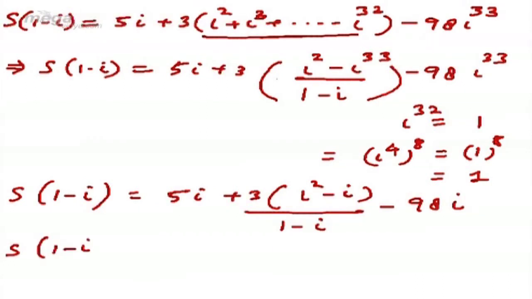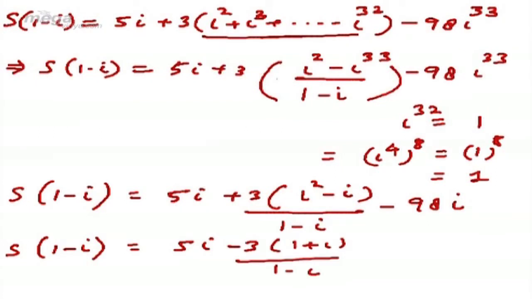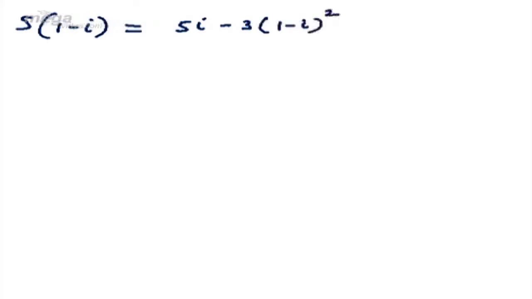S into (1 minus i) is equal to 5i minus 3 into (1 plus i) upon (1 minus i) minus 98 into i. You rationalize in this bracket, that is (1 plus i) upon (1 minus i). S into (1 minus i) is equal to 5i minus 3 into (1 plus i) whole square divided by (1 minus i) into (1 plus i), minus 98i.